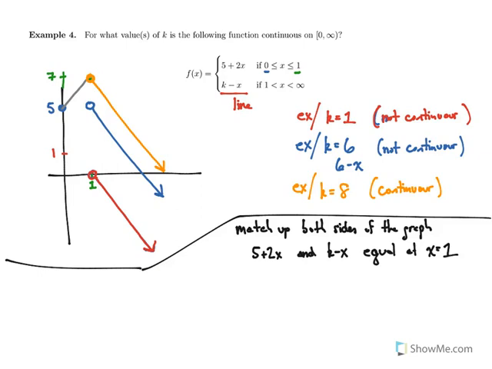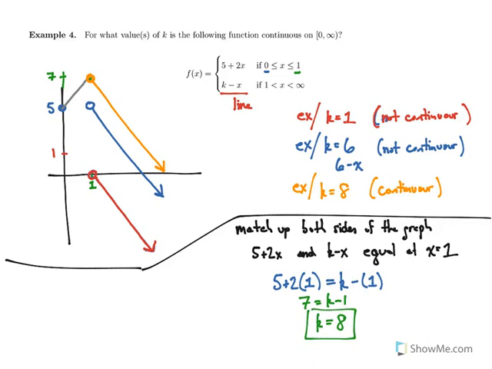So 5 plus 2x at 1 is equal to k minus 1. We want those two functions to be equal. When we plug in x equals 1, we get this nice algebraic equation, which is 7 equals k minus 1, or k equals 8.